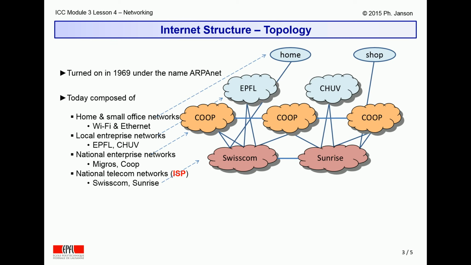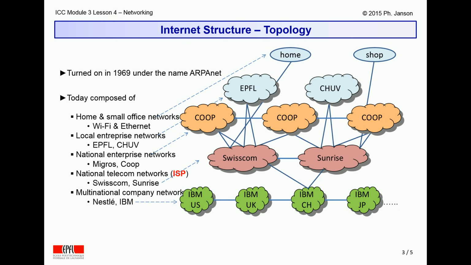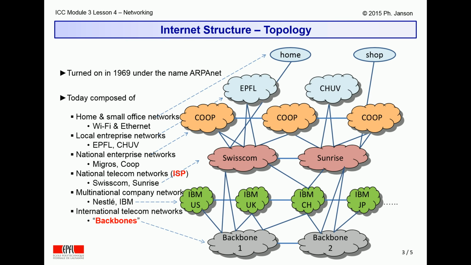All such above, small, large, or distributed enterprise networks are connected to one another through trunk lines and routers owned and operated by national Internet service providers such as Swisscom or Sunrise in Switzerland. The Internet then also includes the distributed campus networks of multinational enterprises such as Nestlé, Google, Amazon, Microsoft, Apple, IBM, etc. All of these connect to national service providers in any country in which they operate.